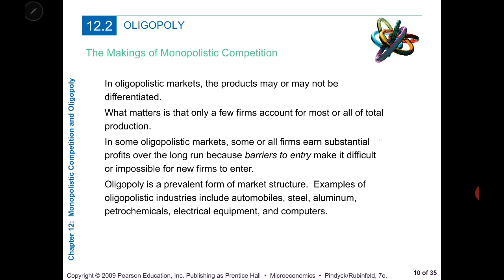Now, for oligopoly, strategic decision making is very important because there are not many firms, so they know each other, they're familiar with each other, and they look at each other's decisions to decide how they themselves make decisions on their prices and outputs.